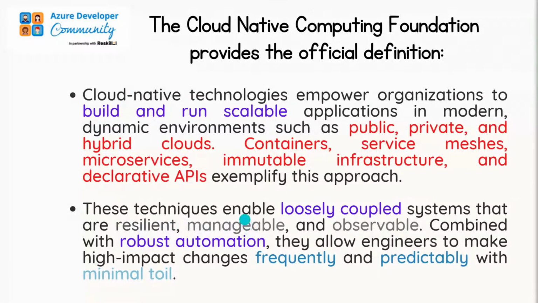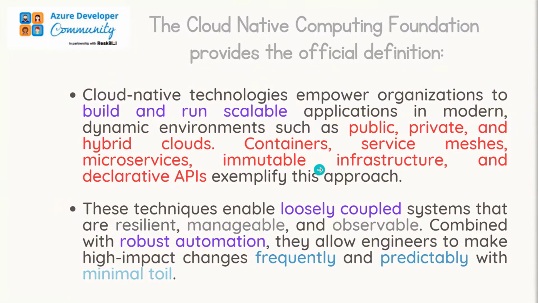So we can use the technology in a very good manner, and at the same time we can use some automation with it. It can be robust automation. So yeah, that is cloud native.